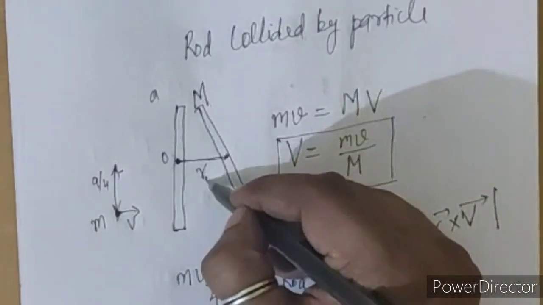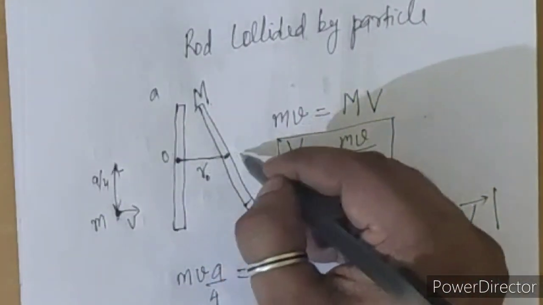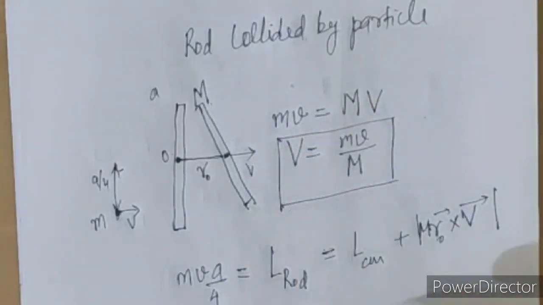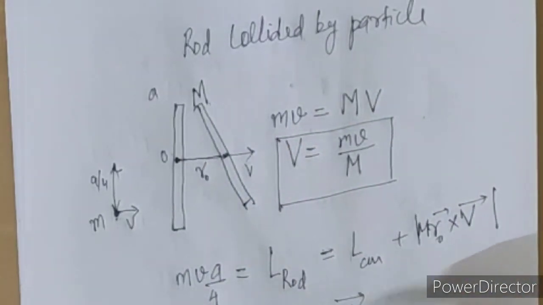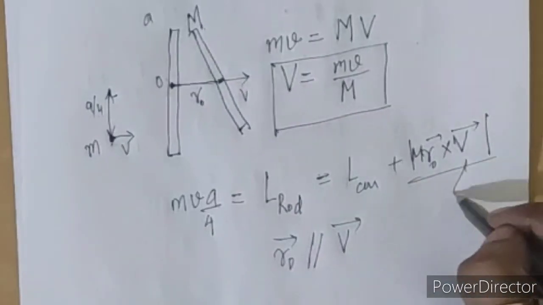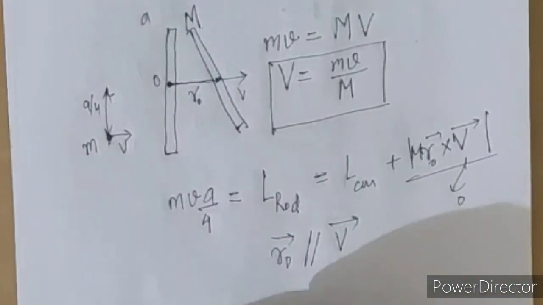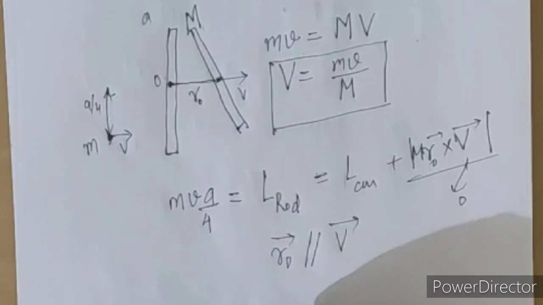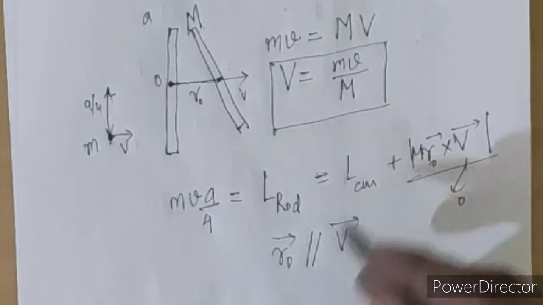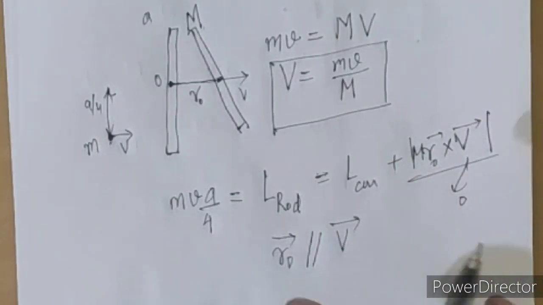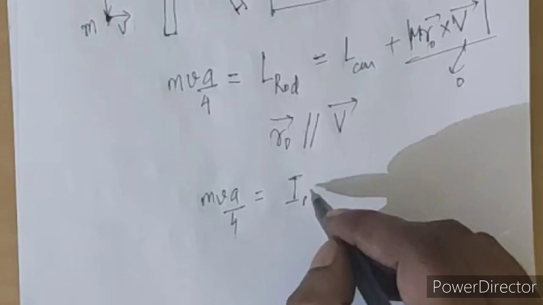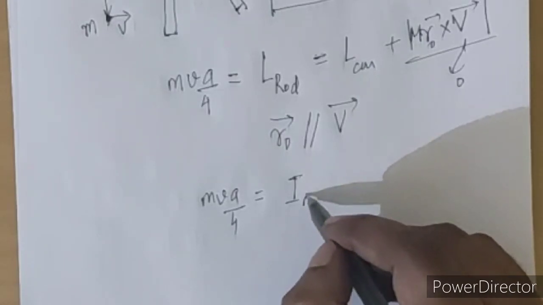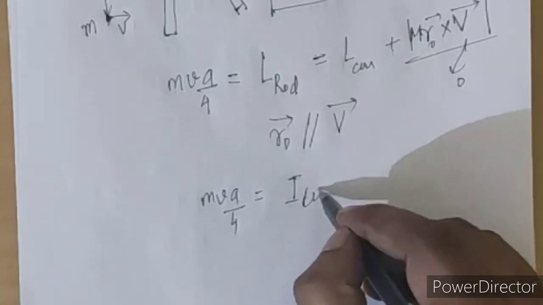But since this r naught and the velocity vector are parallel, this component goes to 0, whereas we have the angular momentum of this rod with respect to the center of mass, which will be given by the moment of inertia of this rod times omega.